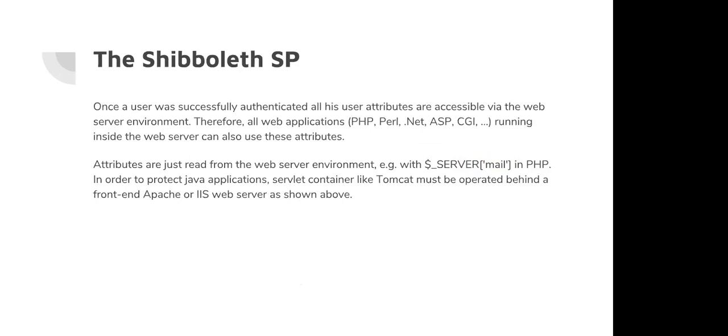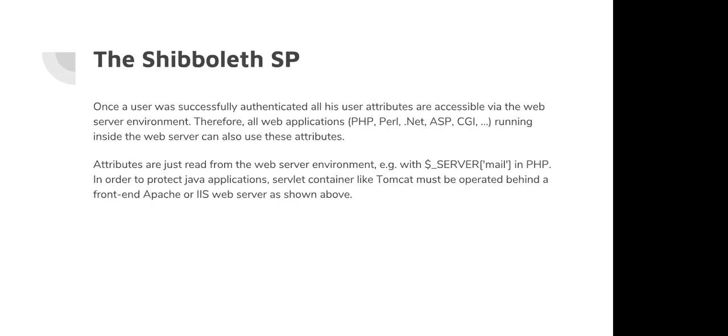Attributes are just read from the web server's environment, so you can get mail in PHP using a $_SERVER type bit of PHP to pull out that attribute. You can also get all of the attributes that are passed. You can get identity information, and some information about the affiliation of a person, if those attributes have been selected to be released by the IdPs to your services.